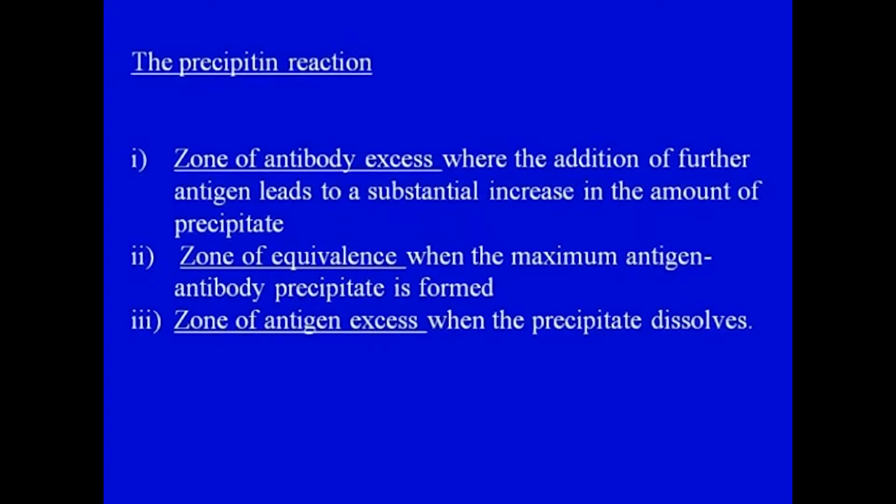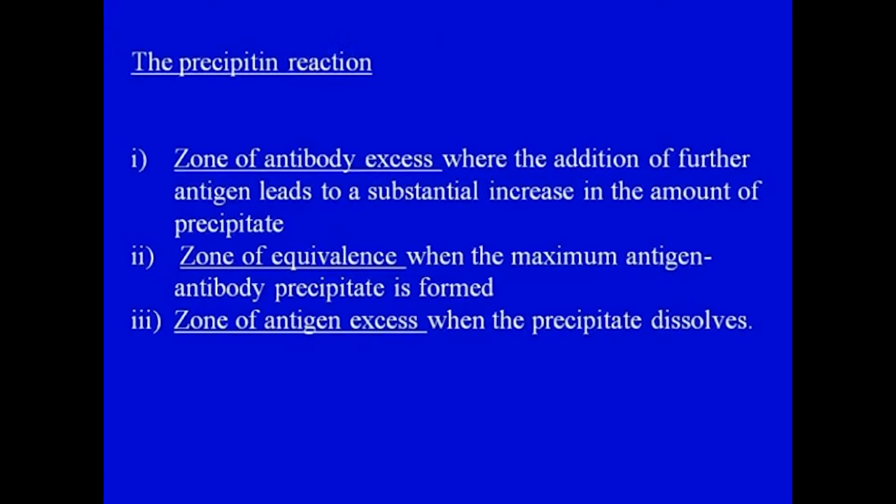Now, if you see the dynamics of this, the precipitin curve as we can call it, it actually contains three zones. One is the zone of antibody excess, where the addition of antigen leads to a substantial increase in the amount of precipitate.